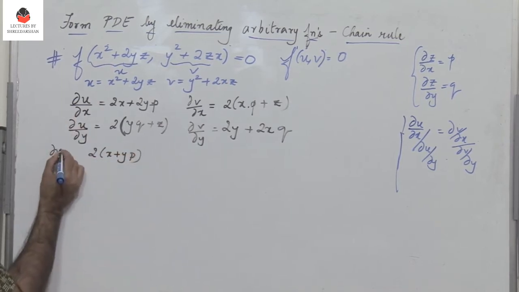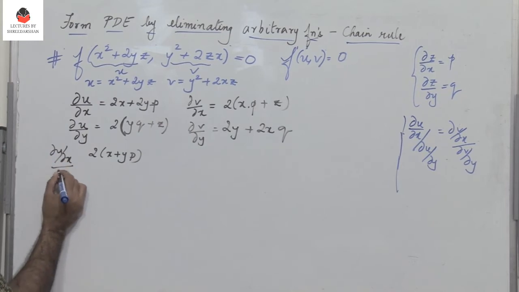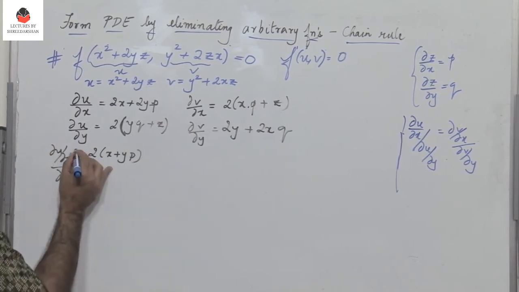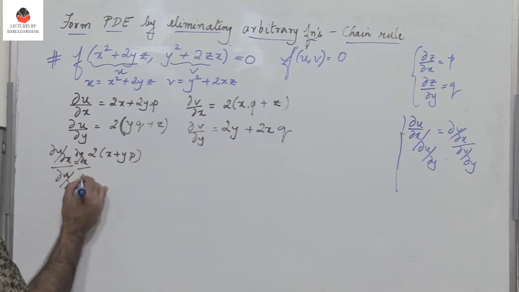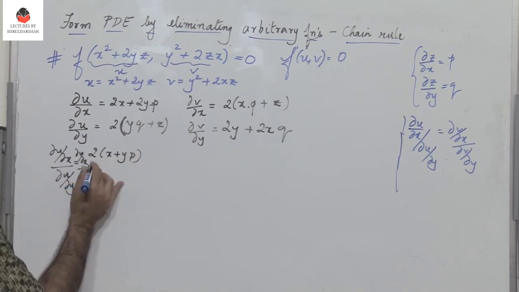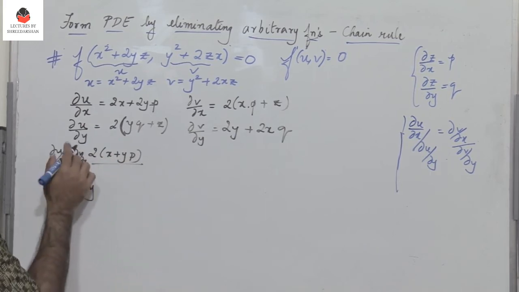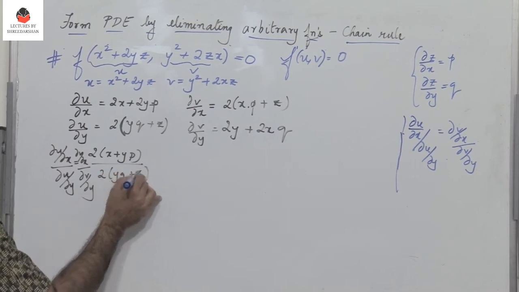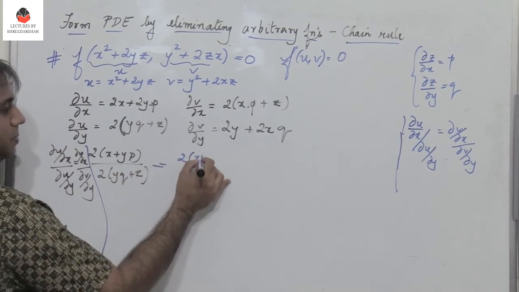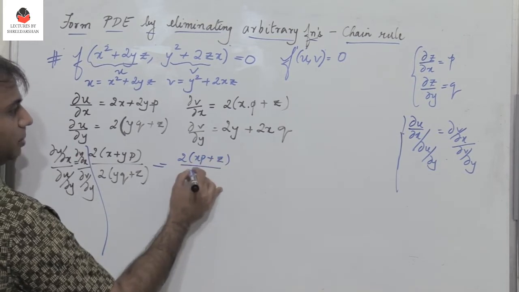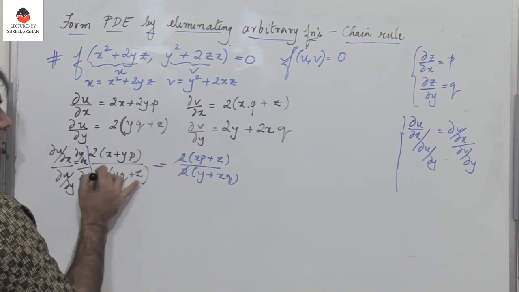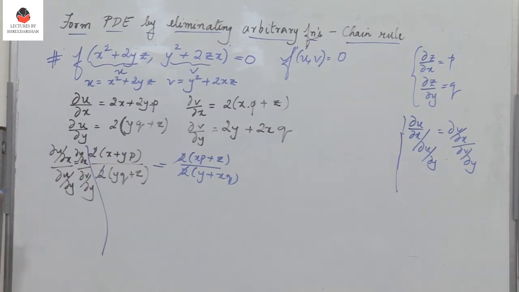So del u by del x divided by del u by del y should be equal to del v by del x divided by del v by del y. So you have 2 into x plus yp divided by 2 into y plus zq equals 2 into xp plus z divided by 2 into y plus xq. So 2 gets cancelled.